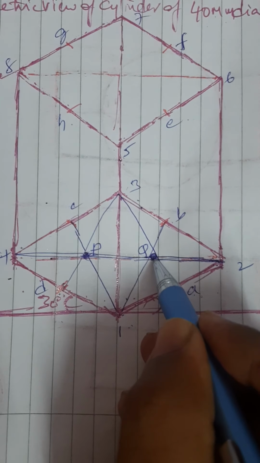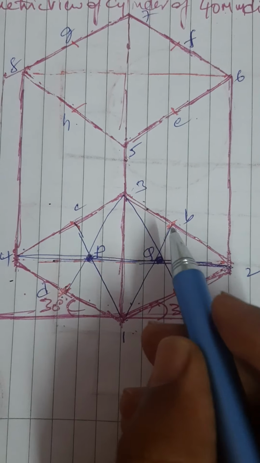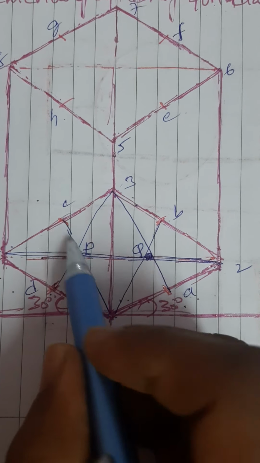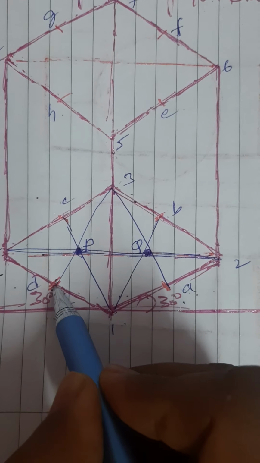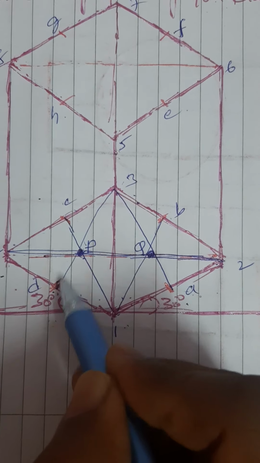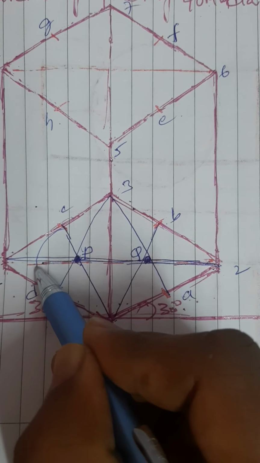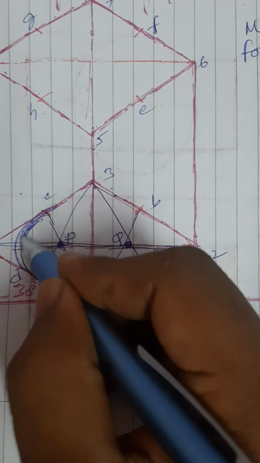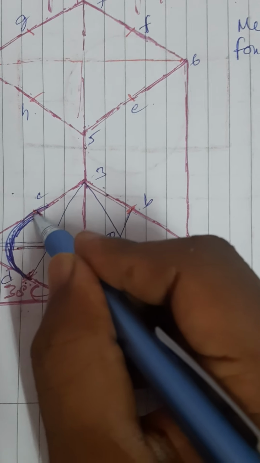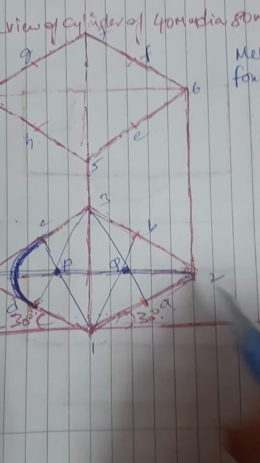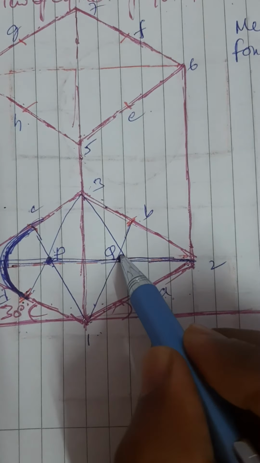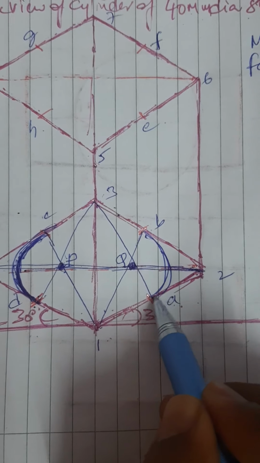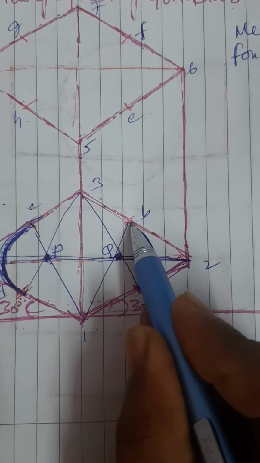Now by using a compass, with P as center, PC or PD as radius, draw the arc like this. Next, with Q as center, QB or QA as radius, draw the arc like this.